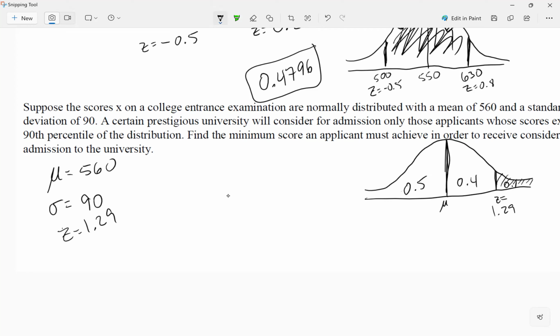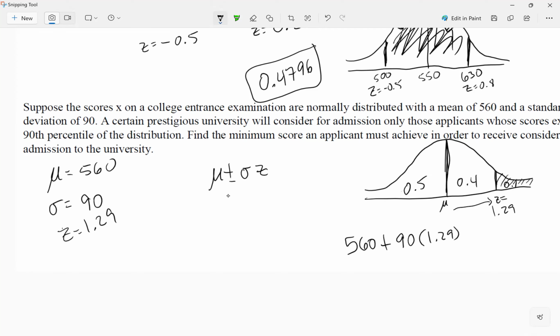Well, I'm just going to go 560 plus, and I'm going to go plus because it is to the right of my mu. If it was to the left, I would have said minus. So plus the standard deviation times 1.29. Our formula in reality is mu plus or minus, because if we're going to the right, it's plus, minus if we're going to the left, the standard deviation times our z-score.